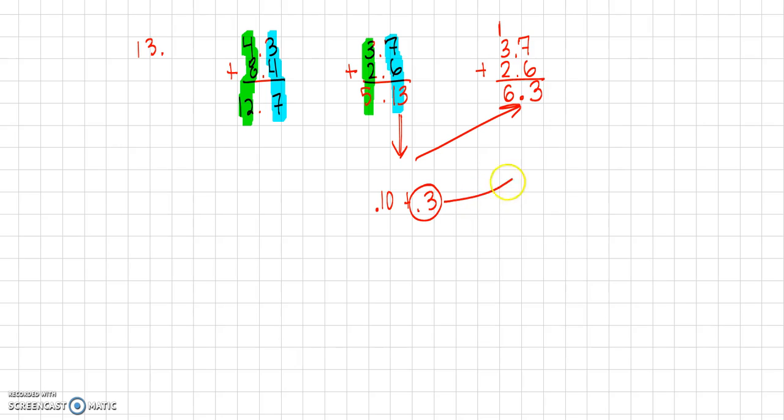Here's the 3/10, and then the 10/10, which is 1, is right there. So if she would have broken this 13/10 down correctly, she still might have gotten the same answer.